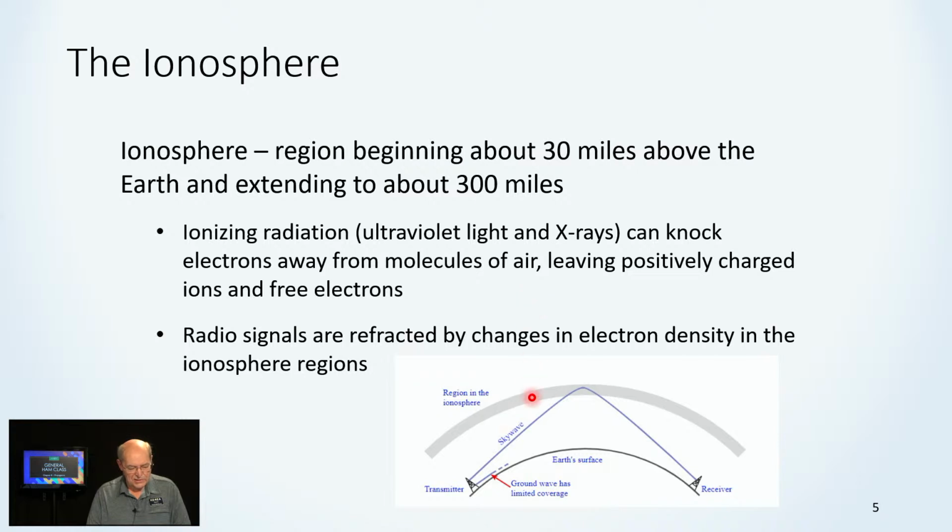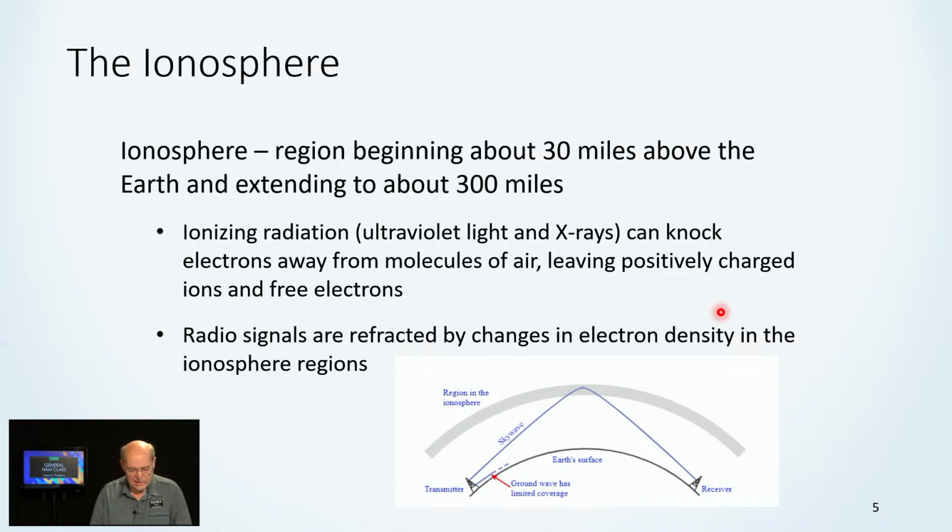Radio signals are then refracted by changes in electron density in the ionospheric regions. This is just an introduction. The Kessler intro videos were really excellent on this. I hope some of you had a chance to look at those.